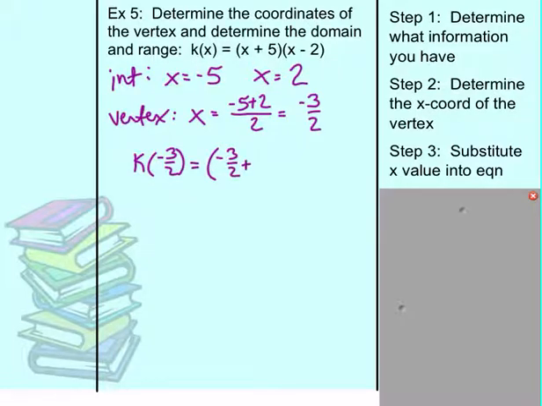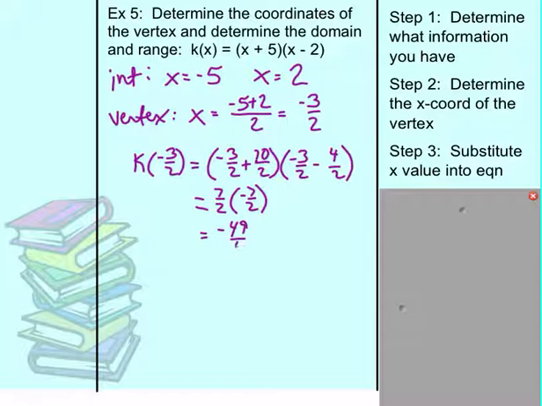And I'm going to convert my integers to common denominators as well so I can add them a little more easily. So 5 becomes 10/2, 2 becomes 4/2. So we get 7/2 times -7/2, or -49/4 for the y-coordinate of our vertex.